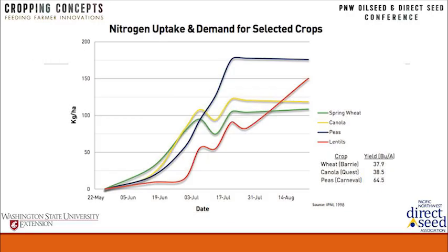Looking at the nitrogen demand curves, and I've added some here that show nitrogen demand by crop, you can compare canola to spring wheat. What we're observing is that if we get too much nitrogen up front, even on our spring canolas, I get this proliferation of biomass that doesn't always go to yield. So I've got this canola crop that turns into a forage crop. It's just huge. We can't really get through it.